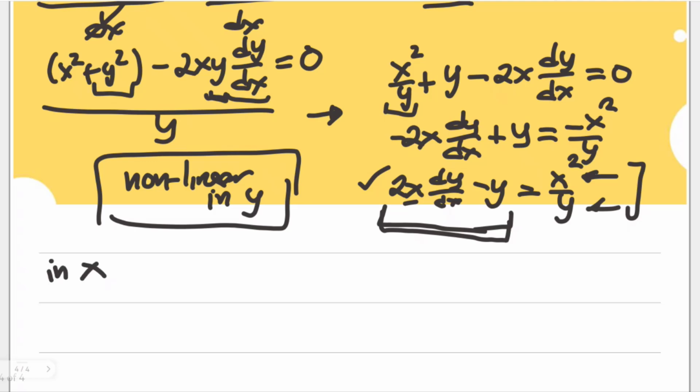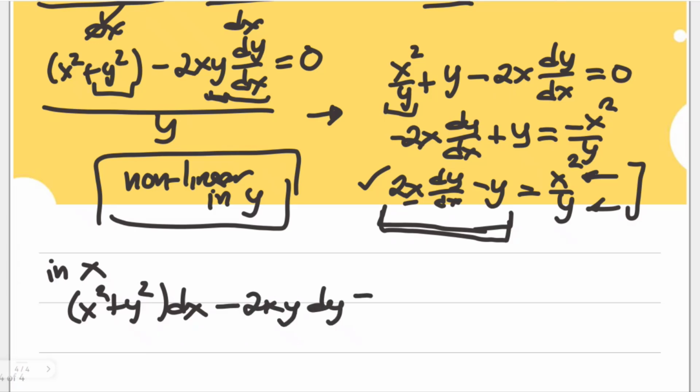Let's try if this is linear in x, because it could be the other way around where we pick our x to be our dependent variable and y will be our independent variable. Let me rewrite here x squared plus y squared. I believe this was 2x dx minus 2xy dy is equal to 0.